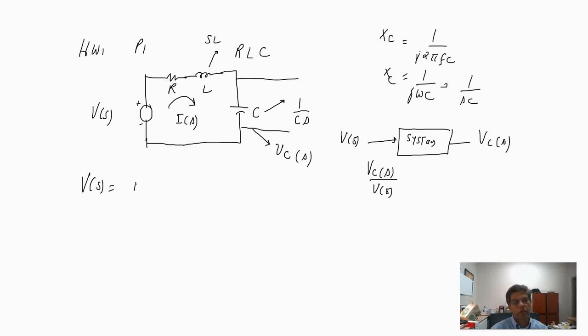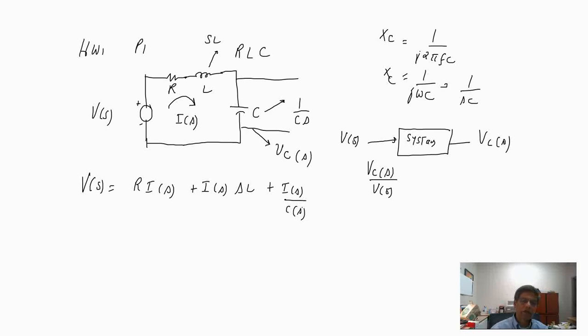That will be R times the current, Ohm's law. Essentially, you're applying nothing but Ohm's law here. So this is I of S times SL, plus I of S over CS. Doesn't look that bad, does it?